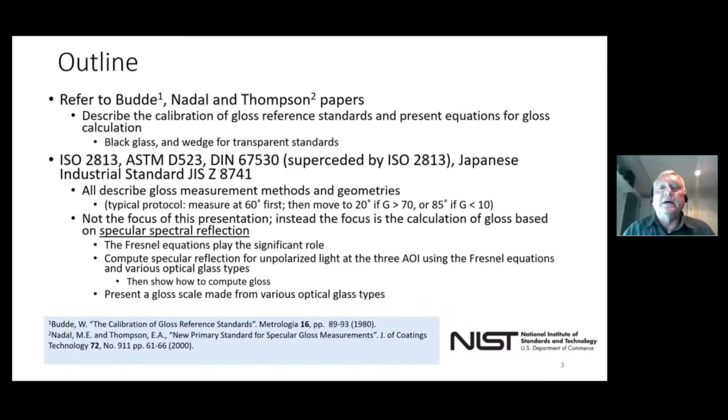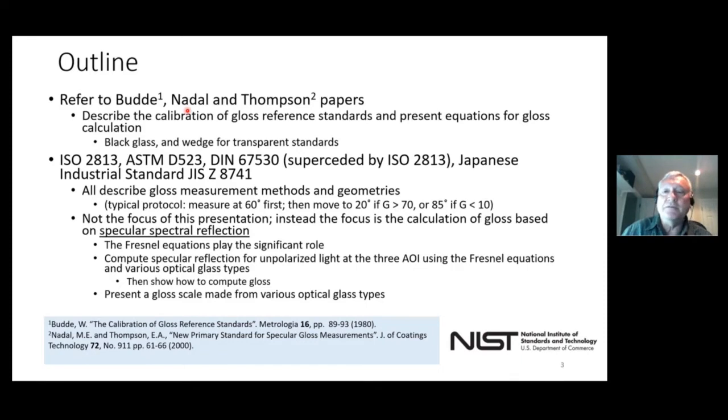So here's the outline of my talk. So first, I'm going to give a brief summary of the methods to calculate gloss and for the calibration of gloss reference standards.